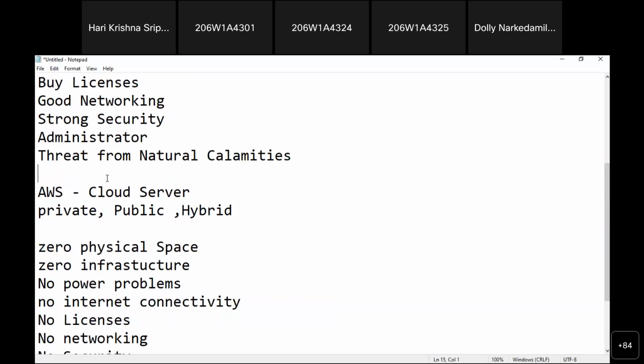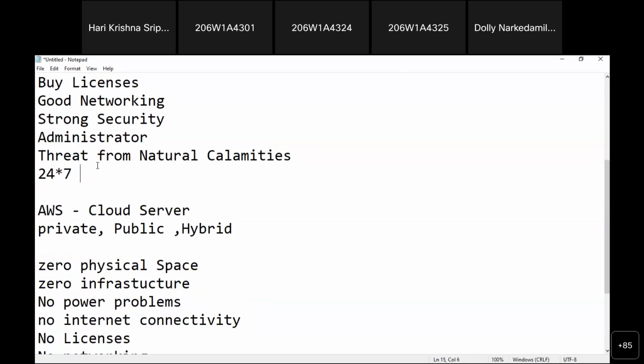One more thing, basically in maintaining an on-premise server: as you know, all these websites need to be running 24 by 7. For example, if you are using Facebook or WhatsApp, it can be accessed 24 by 7, morning, night, anytime you open, it will be working. We generally call it uptime.